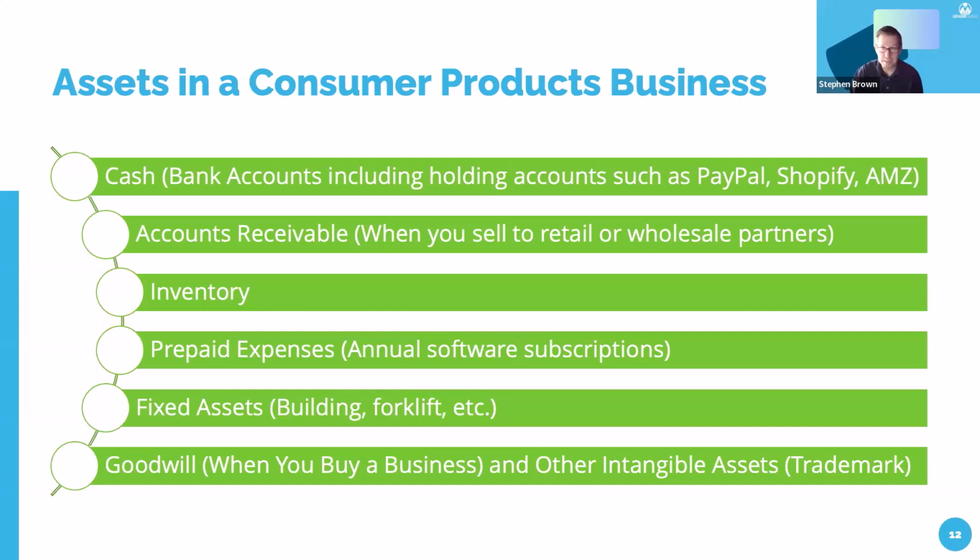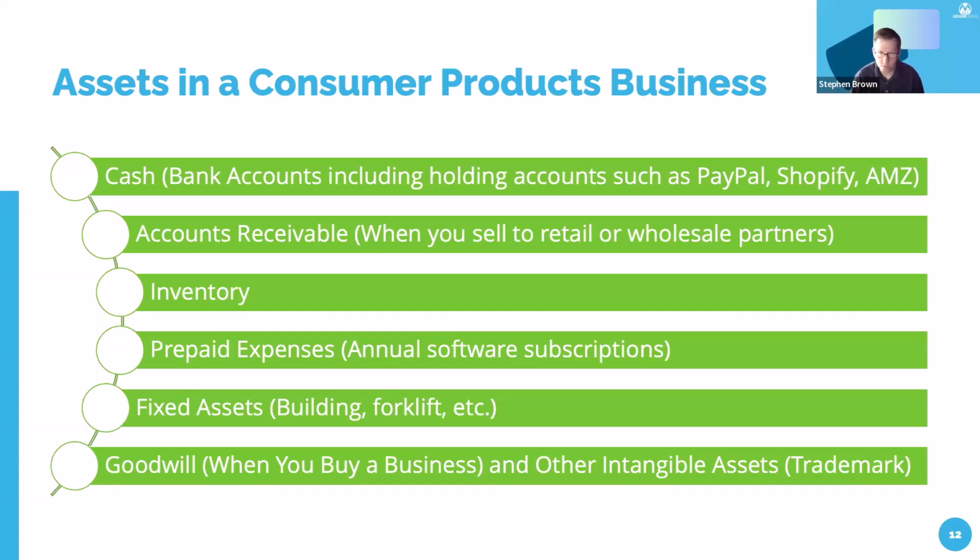I will refer to some of these concepts that are in workshop 1, but I'm not going to go into them. You may have fixed assets, things like a building, a forklift, etc. And there are other things known as intangible assets like goodwill, or let's say you bought a trademark or a domain name. Those are intangible assets because you can't really hold them, but you can buy them.